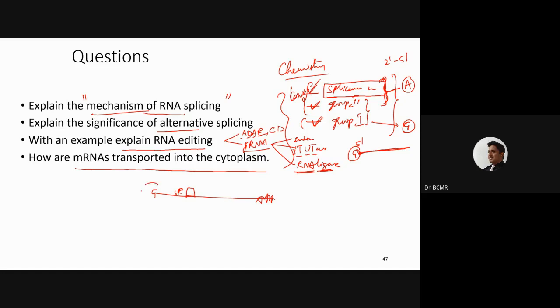If a protein like that is there, then the RAN-GTPase can bind here, and along with many other accessory proteins, it will transport the mRNA from the nucleus to the cytoplasm. Okay, that ends today's class, and I will stop the recording now.